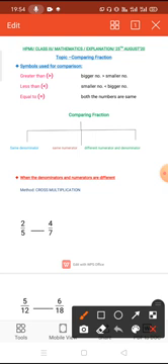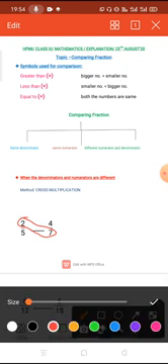In the cross multiplication process we need to multiply the first fraction's numerator with the second fraction's denominator, and the first fraction's denominator by the second fraction's numerator.